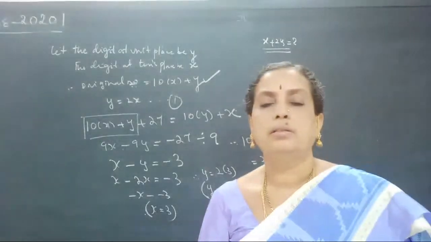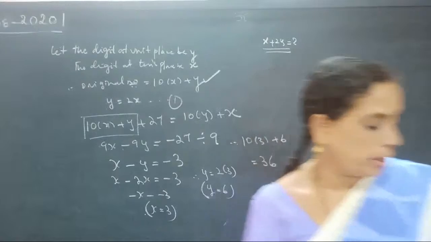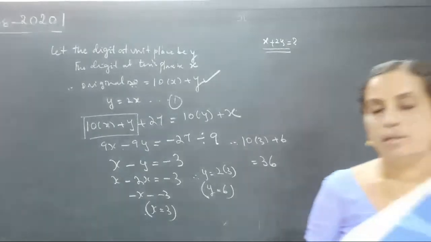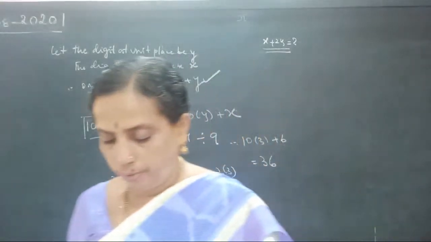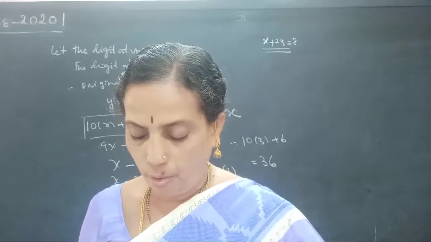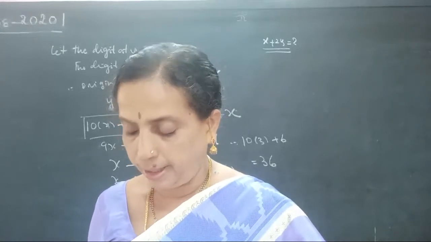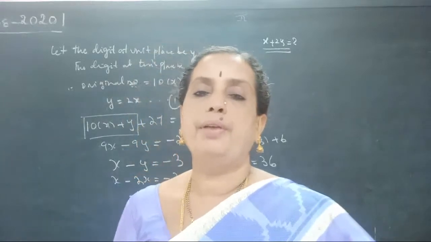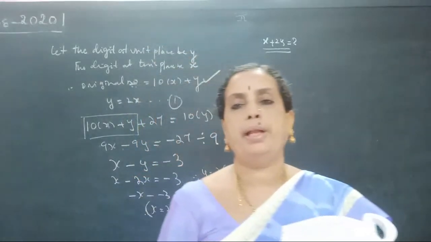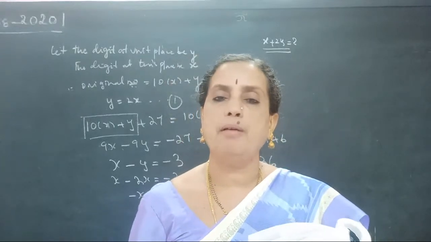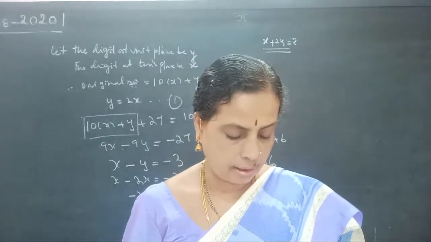Clear? We'll go with one more word problem. This is also regarding digits. The sum of a two-digit number and the number found by interchanging the digits is 110. If we consider the original number as 10x plus y, interchanging means it becomes 10y plus x.